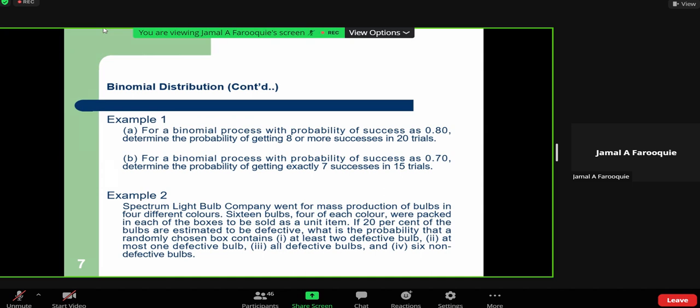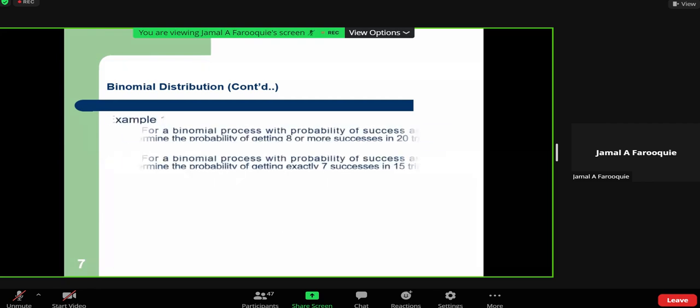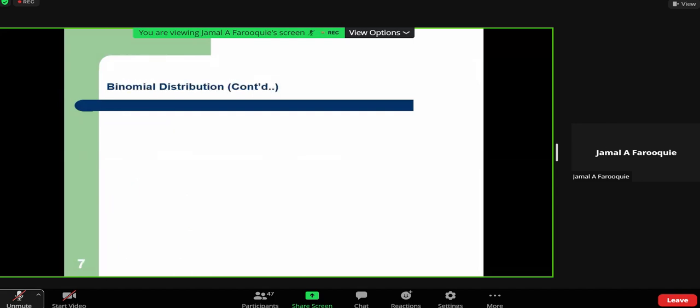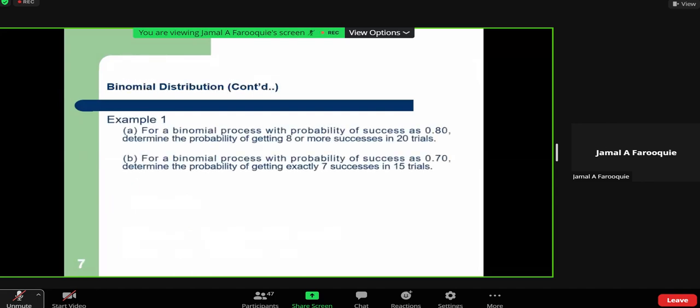But if you do not have it, for example, I do not have p equal 0.8 in my table. So what will we do? Either I calculate it using that equation, but if I want to make use of the table, there is a limitation because 0.80 is not given.